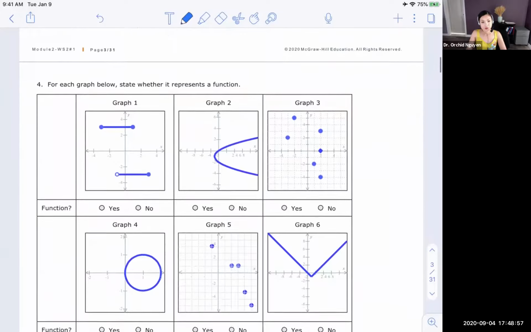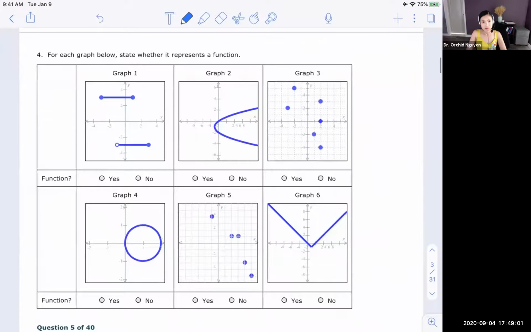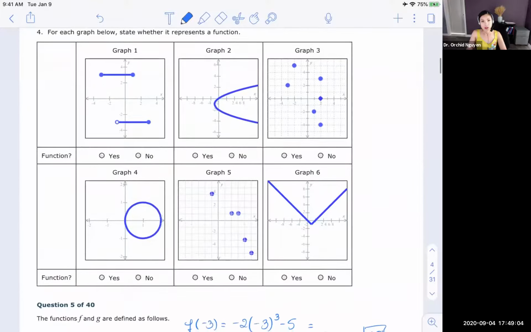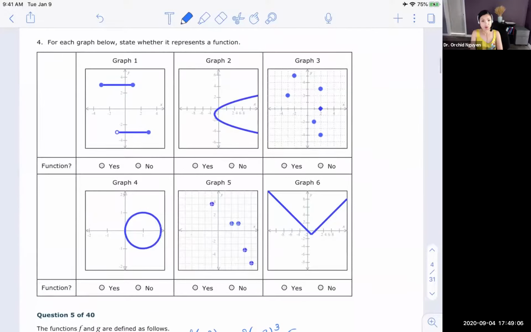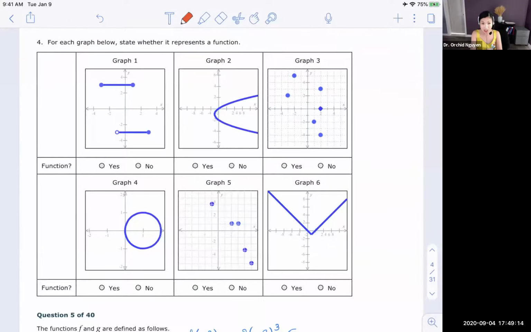Now, hopefully you still remember how we check for function. The way we check for function is you draw the vertical line, right? If you draw the vertical line and it crosses more than 1 point, like this one, then it's not a function. You draw the vertical, cross 2 points, it's not a function.